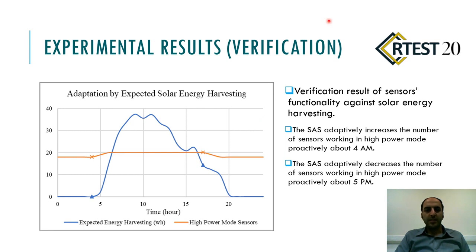As appeared in the experiment, our data-driven approach to solar energy harvesting helps the system to estimate the expected energy harvesting through a look-ahead horizon of the next 2 hours. So, the system decreases or increases the number of sensors in high power mode in advance.